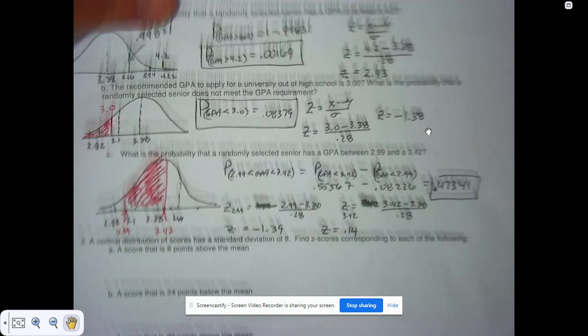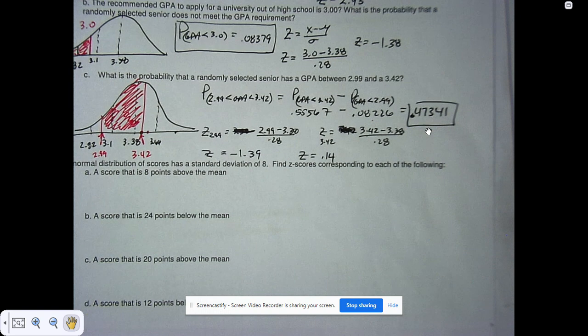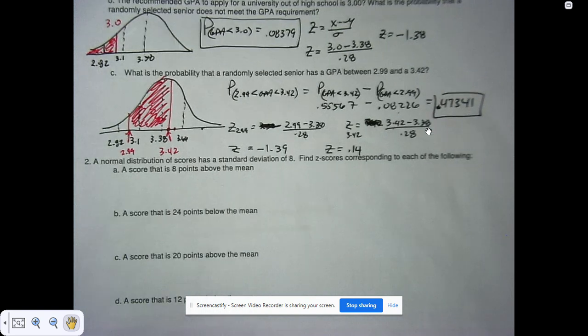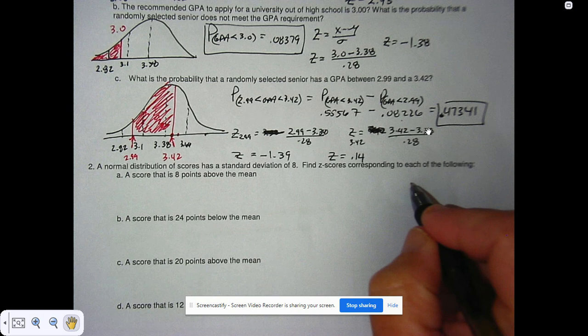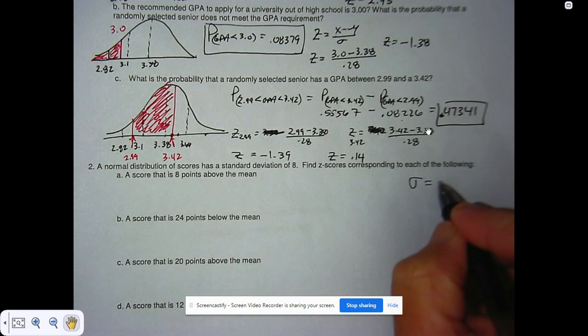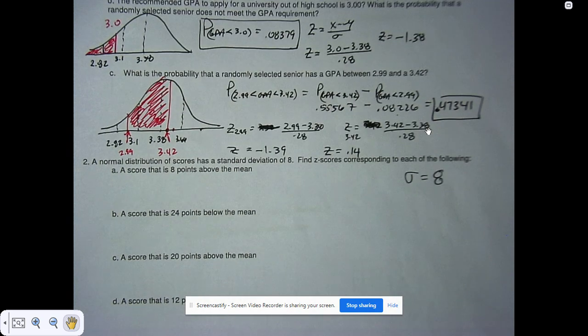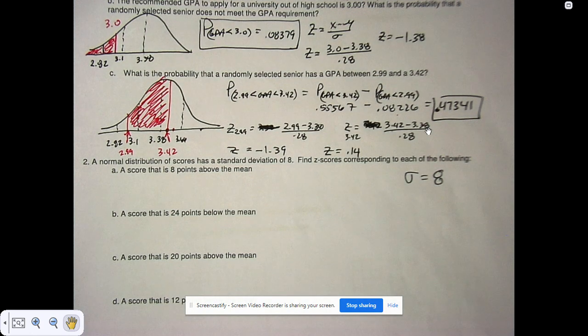Let's take a look at example number 2. A normal distribution of scores has a standard deviation of 8. Okay, so for the rest of this problem, we're looking for a standard deviation, a sigma, of 8. Find z-scores corresponding to each of the following.